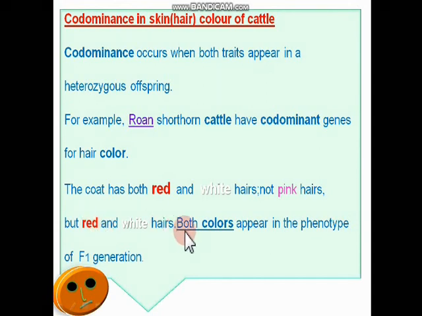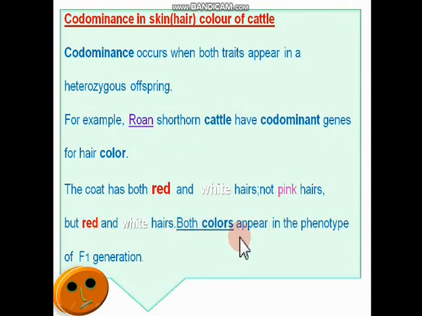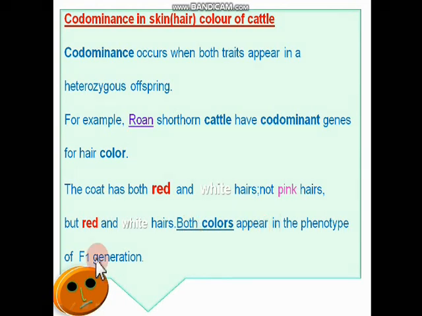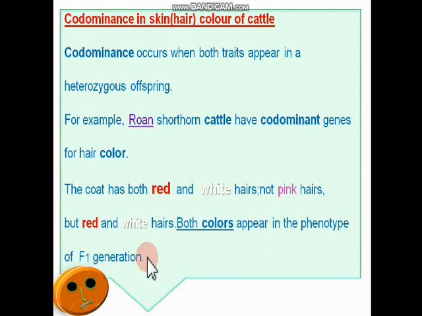So they fuse and form the appearance of both colors in the F1 generation. That is a new character which is represented by the dominant genes present in red and white color hairs. Okay, next slide.